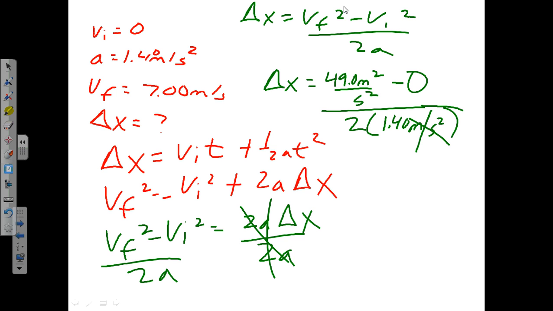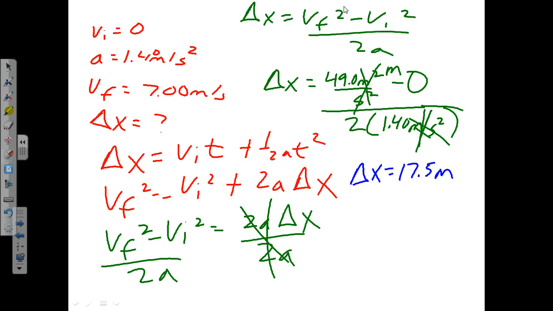These are going to cancel with these and leave behind what? Meters. So essentially we've got 49 divided by 2.8. And so that's 17.5, and in this problem it looks like we need to keep 3 sig figs. So our answer, delta X equals 17.5 meters. That will be down the hill.